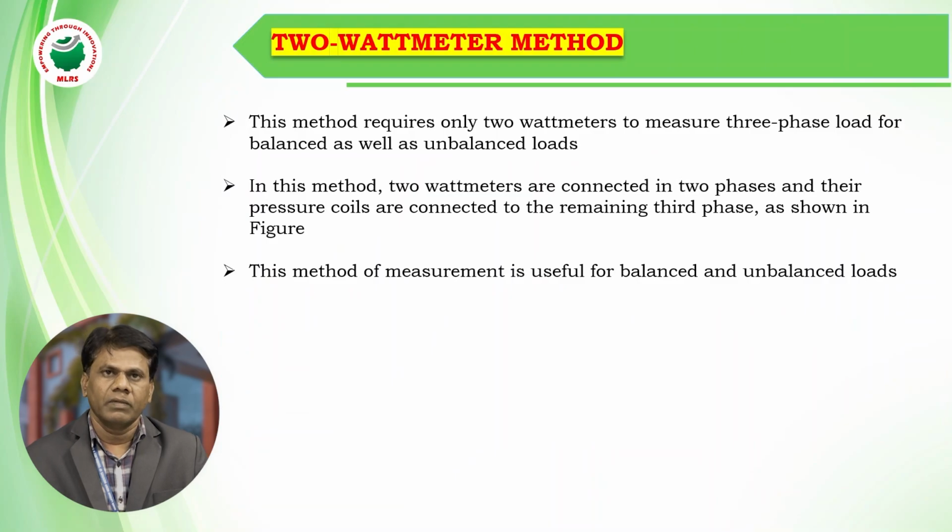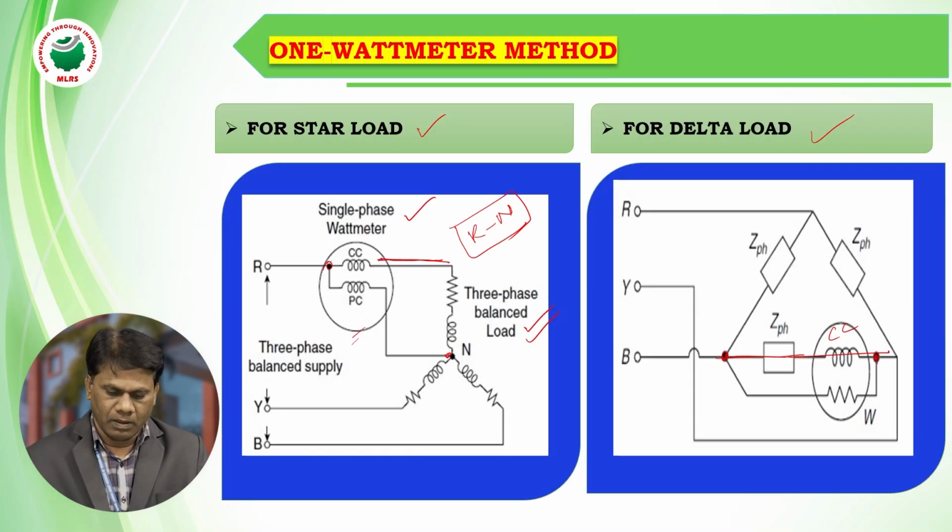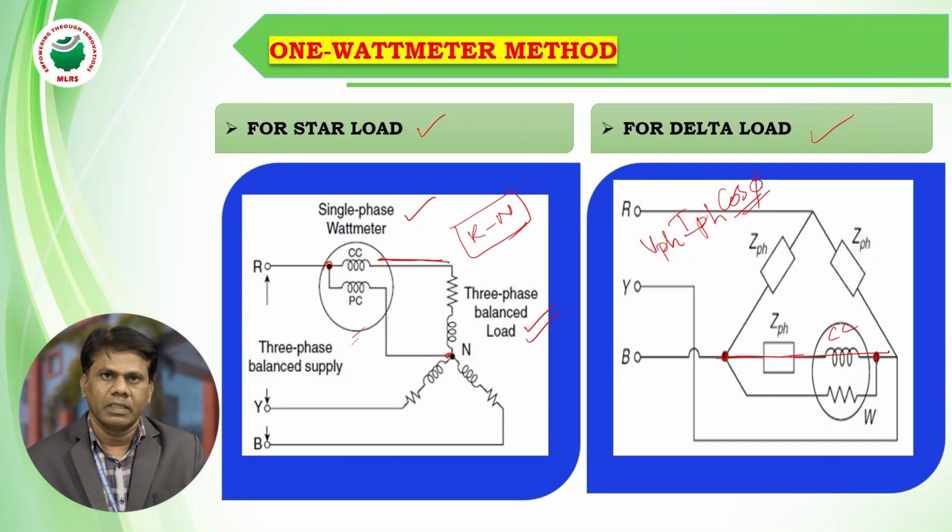So this is the way the wattmeter reading gives the voltage between the neutral line and the current in that line, that is I phase, and the cosine of the angle between voltage and current. This angle we get from the phasor diagram.